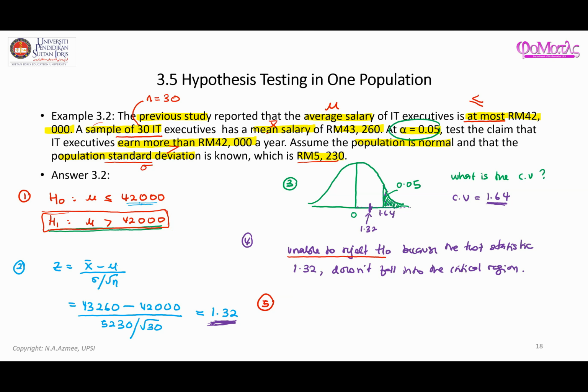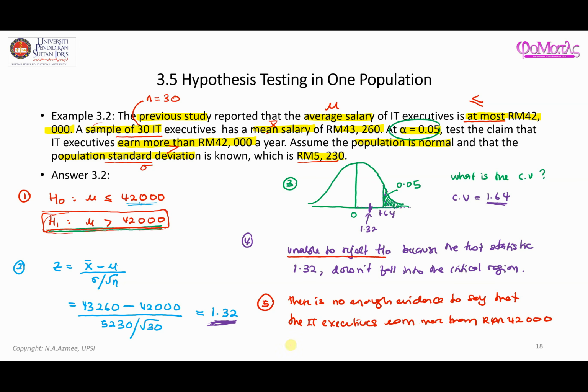So therefore what we can say is that there is not enough evidence to say that this alternative statement is true. Okay, so there is not enough evidence to say that the IT executives earn more than RM 42,000 a year.